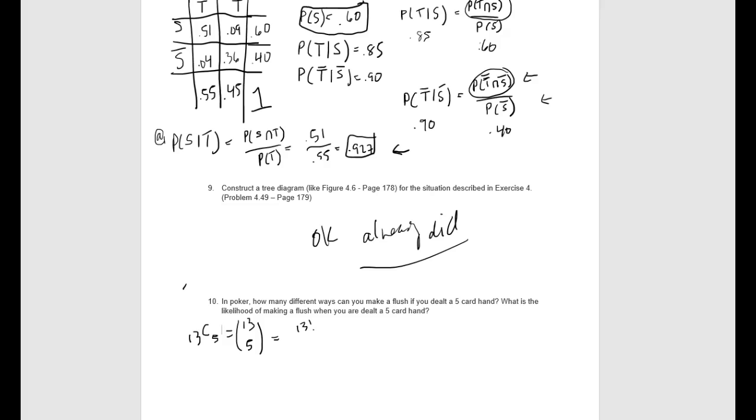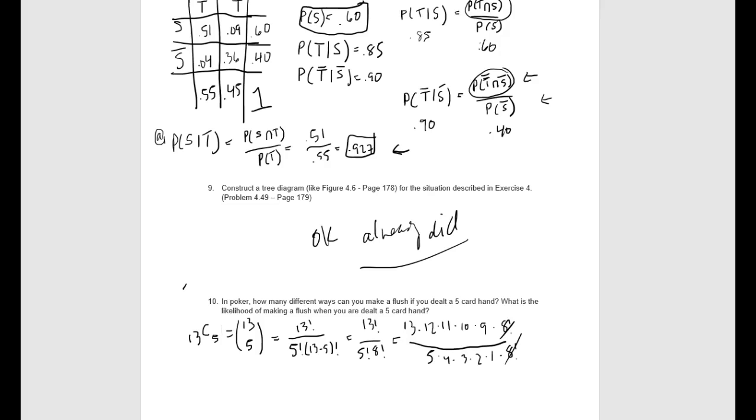So we have 13 factorial over 5 factorial times 13 minus 5 factorial, which is 13 factorial over 5 factorial times 8 factorial, which is 13 times 12 times 11 times 10 times 9 times 8 factorial, over 5 times 4 times 3 times 2 times 1 times 8 factorial.